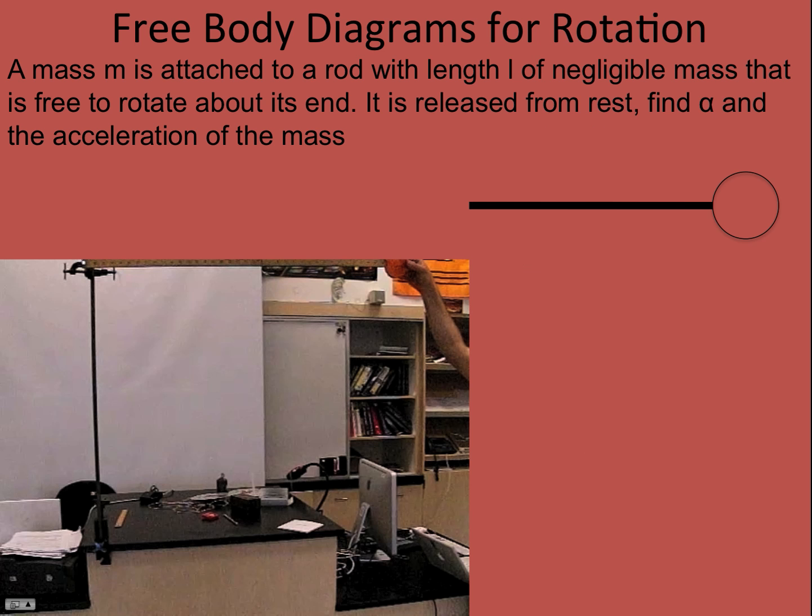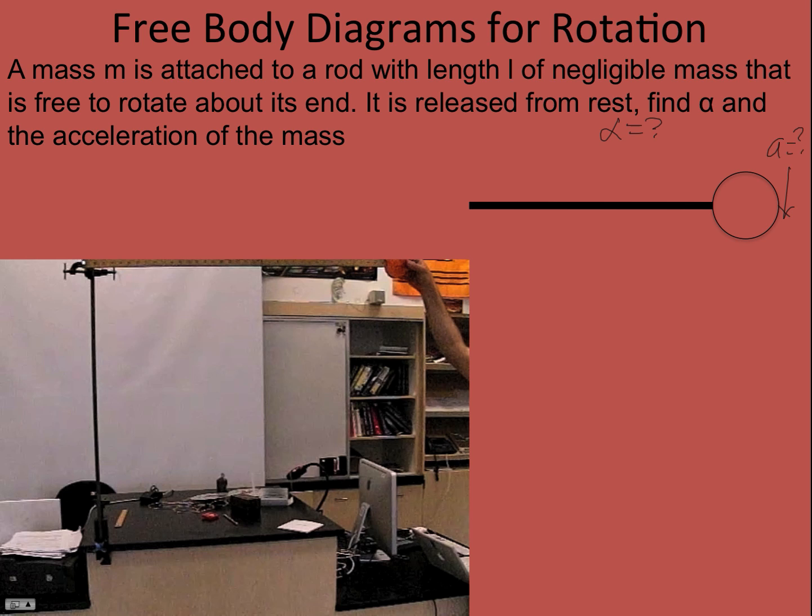So let's demonstrate that. So I have a massless rod, later we'll include its mass, and a piece of clay on the end, and I'm going to let go, and I want to know what is the angular acceleration and what is the linear acceleration of the end. And so what is alpha and what is the acceleration of the end.